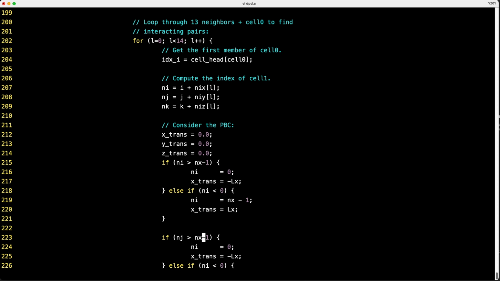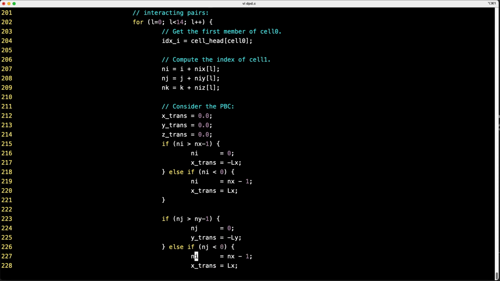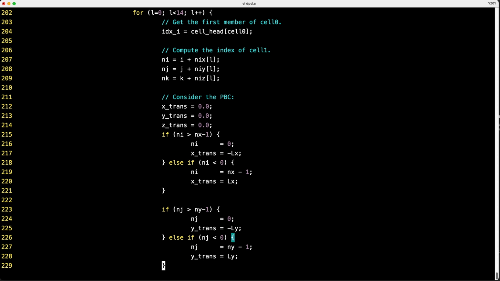If Nj is greater than or equal to Ny minus 1, then Nj is equal to 0, and Y trans is equal to minus Ly. And if Nj is less than 0, then Nj is equal to Ny minus 1, and Y trans is equal to plus Ly.